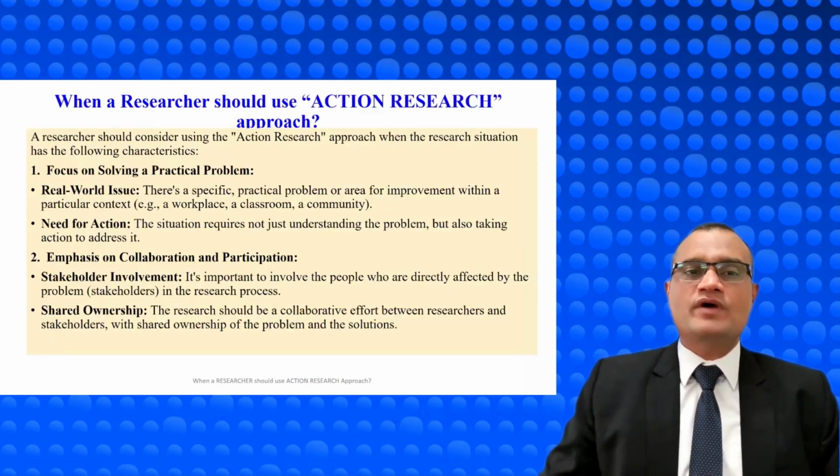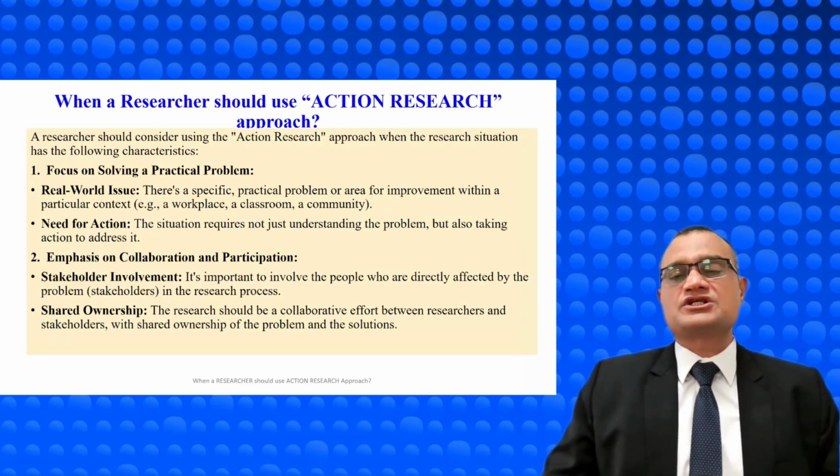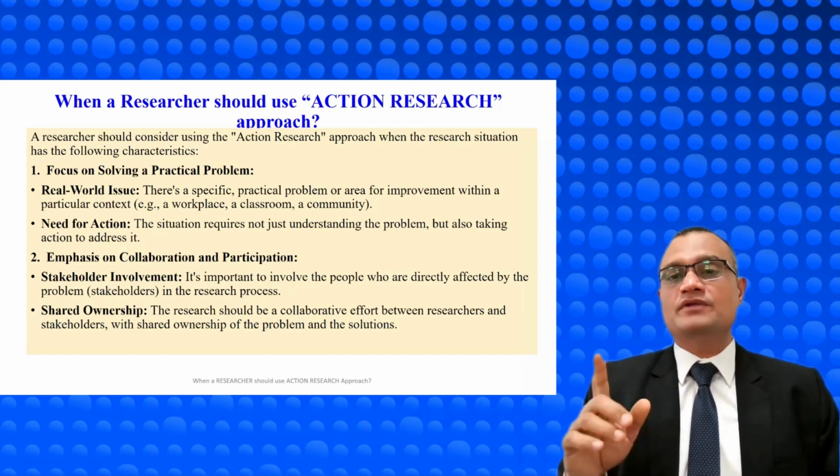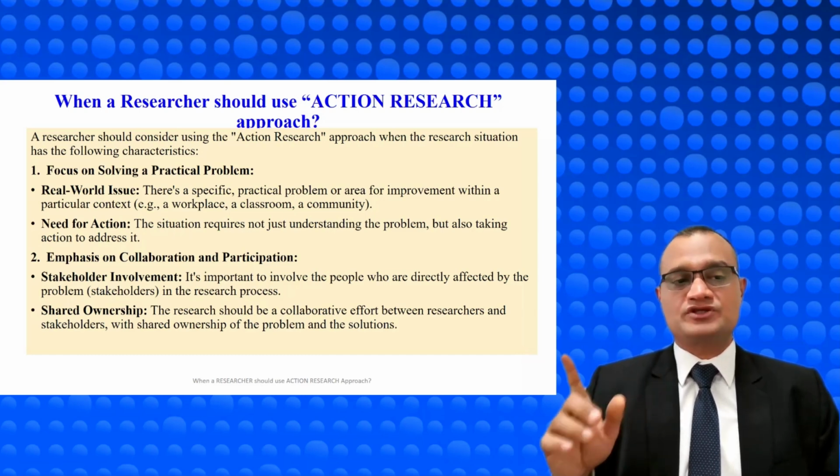Let us look into when a researcher should use the action research approach. Researchers should consider using the action research approach when the research situation has the following characteristics. Number 1, my focus is on solving a practical problem. That is the first and foremost thing.